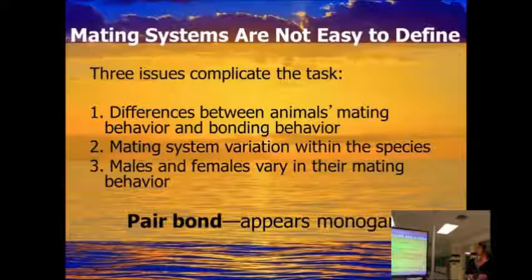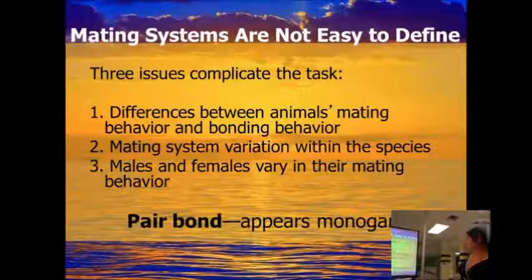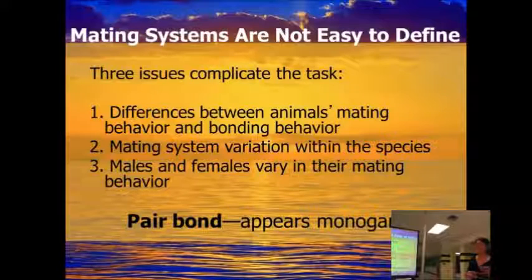One of the problems with defining this is that mating systems are not easy to define because they have some complication to them. First of all, if you're a scientist and you want to go out there and study elephant seals and how they mate, one of the things you first have to get through is the difference between the animal's mating behavior and bonding behavior.